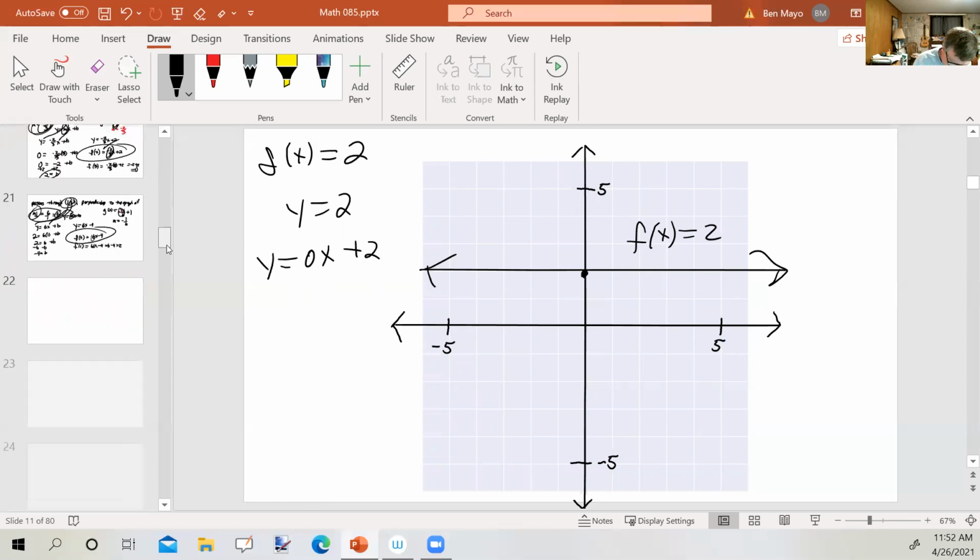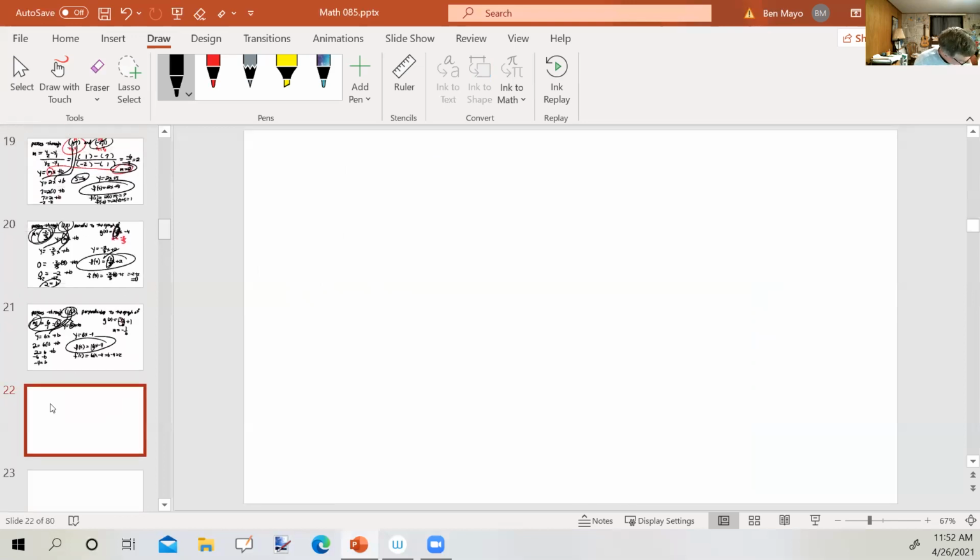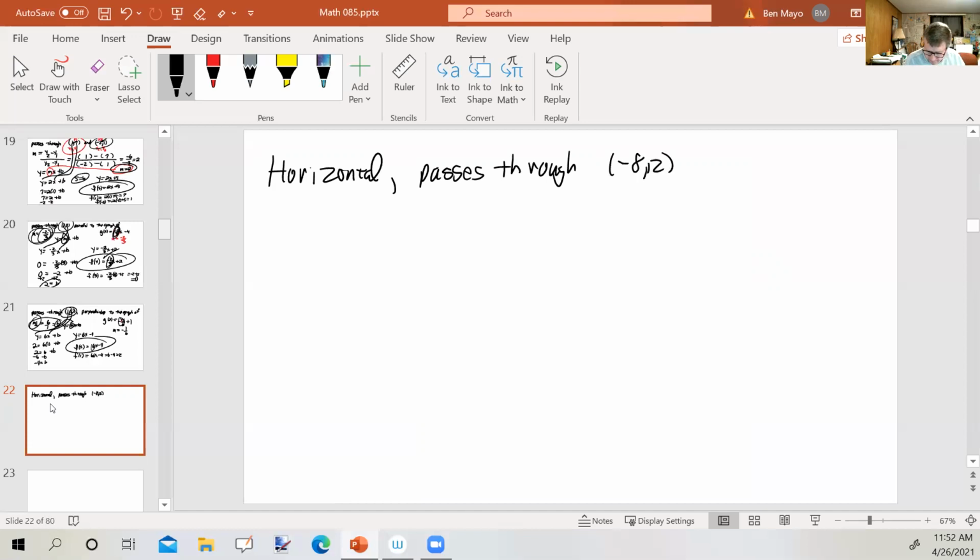So what we've got now, it says, again, write an equation for a linear function whose graph has the given characteristics. It says it's horizontal and passes through negative 8, 12.